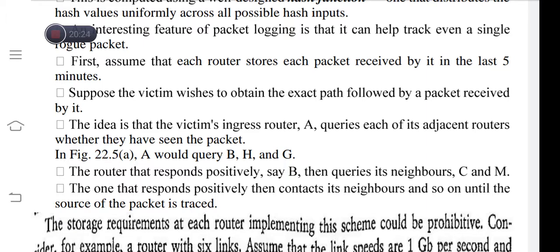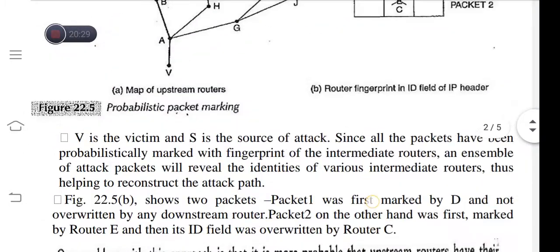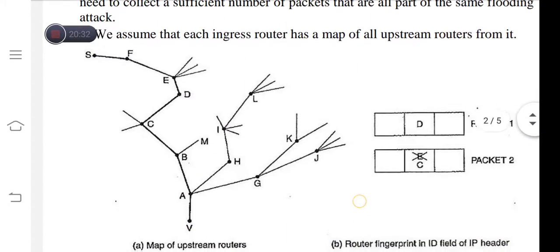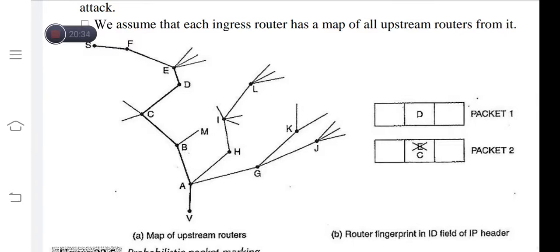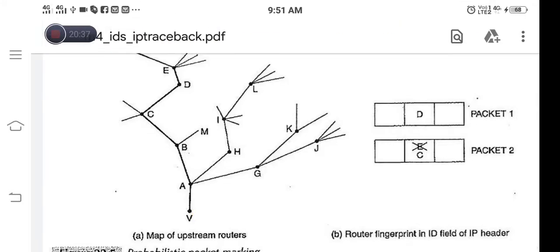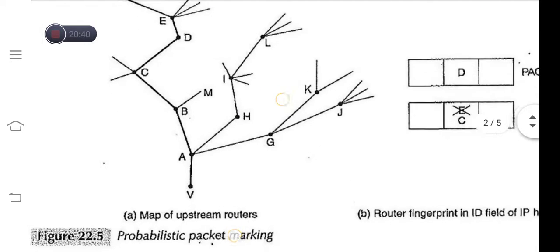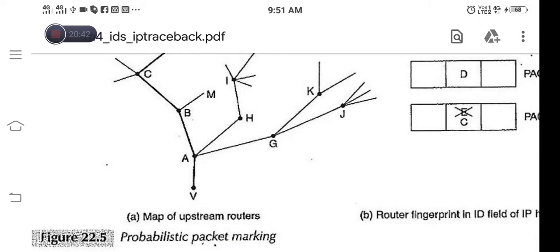Again in the diagram, as we saw in the previous diagram, the ingress router at V is A. A is the ingress router at the victim V. The victim ingress router A queries each of its adjacent routers whether they have seen the packet.